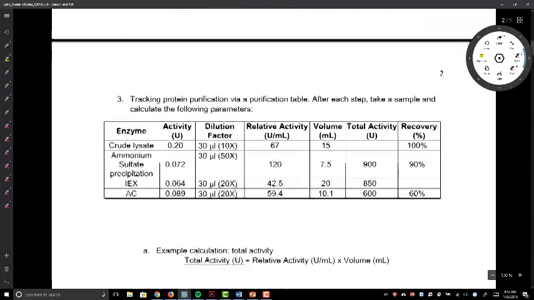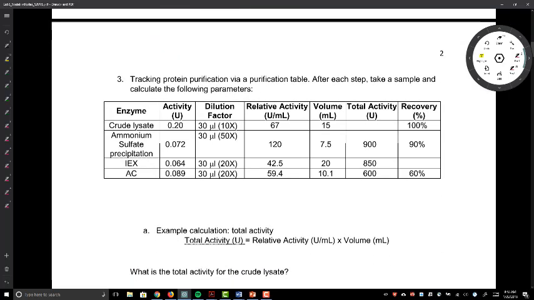Okay, so I mentioned that our purification process is going to be multi-step. And so you want to know after each step whether or not a purification is effective and which steps are the most effective and which steps are the least effective. So in theory, next time when you go back and purify LDH, you can do a better job or make a better recommendation for the next class.